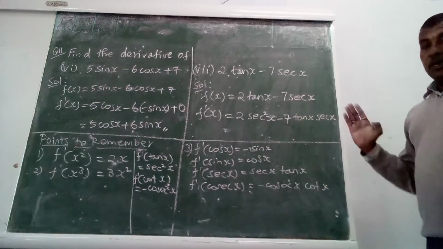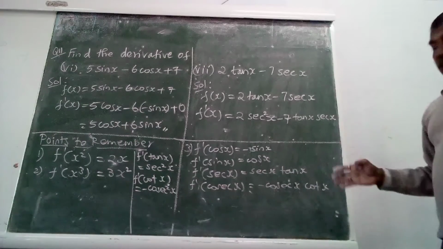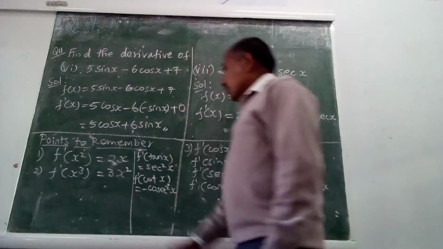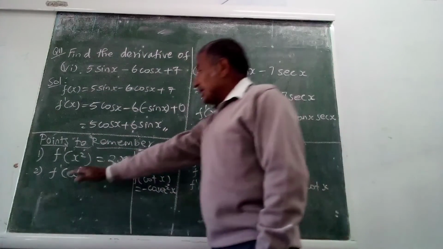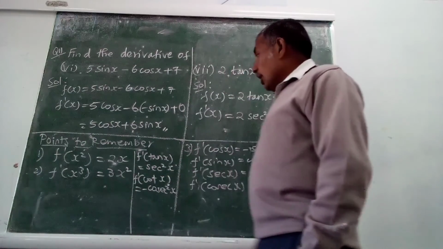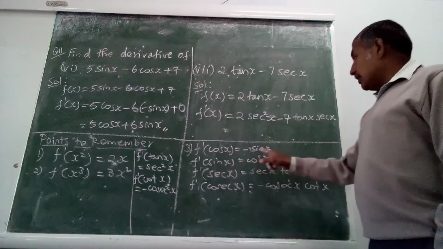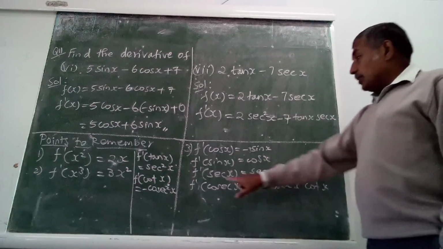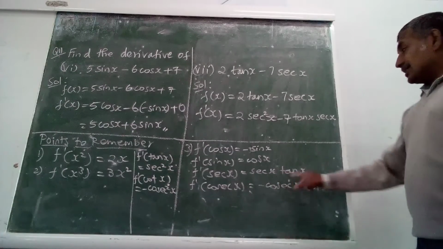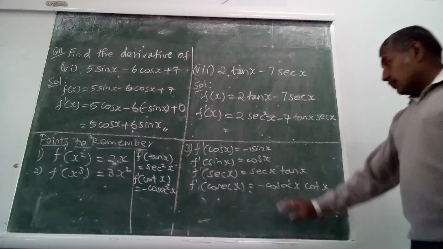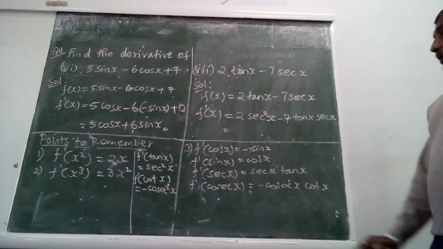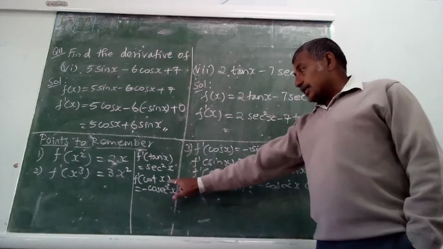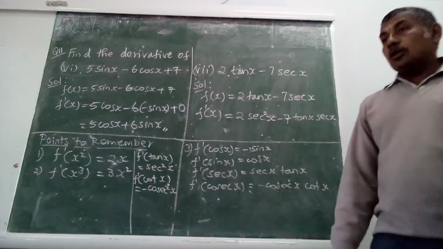So this exercise is completed. From this exercise we learned some important things: when you differentiate x square we get 2x, x cube gives 3x square, cos x gives minus sin x, sin x gives cos x, secant x gives secant x tan x, cosecant x gives minus cosecant x cot x, tan x gives secant square x, and cot x gives minus cosecant square x.